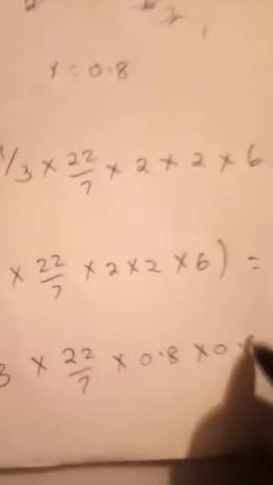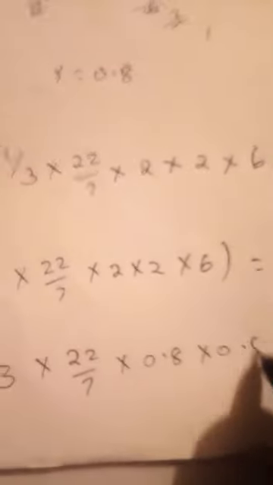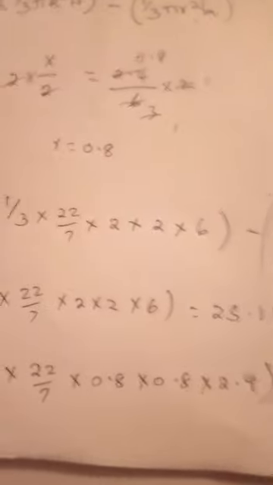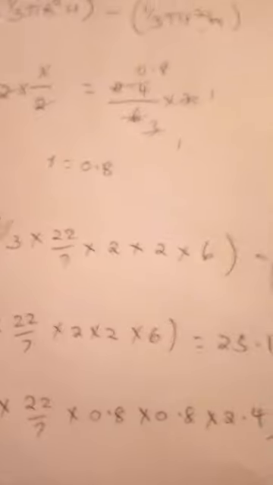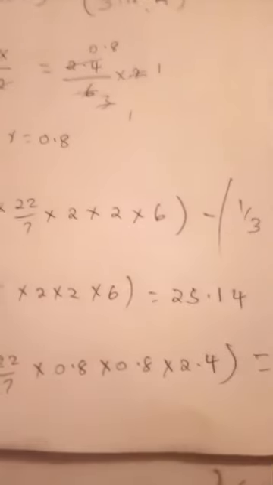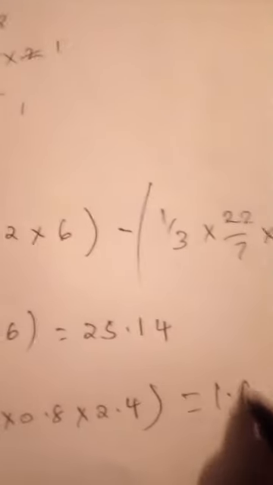It is a third times 22/7 times 0.8 times 0.8 times 2.4. We just get it as 1.61.